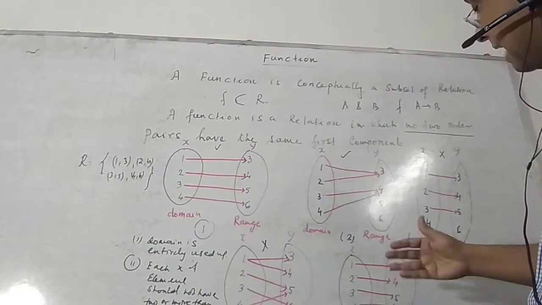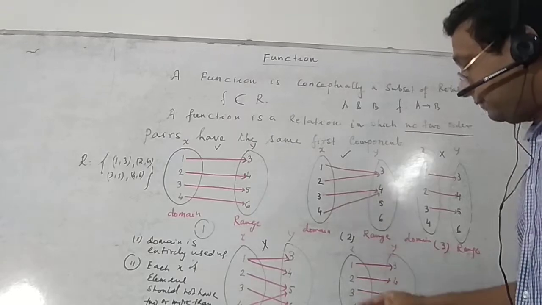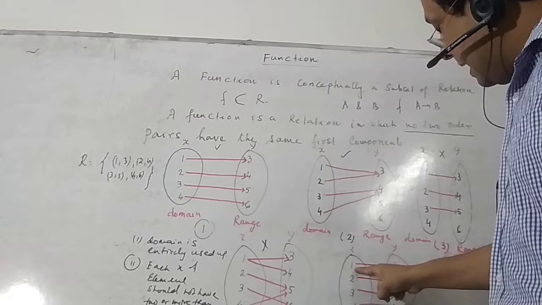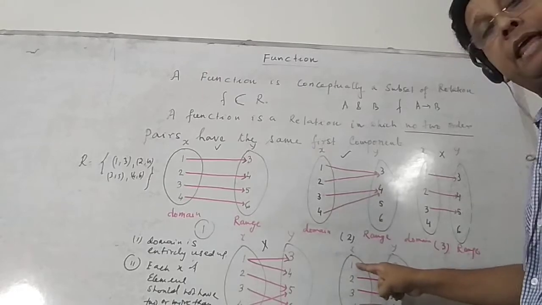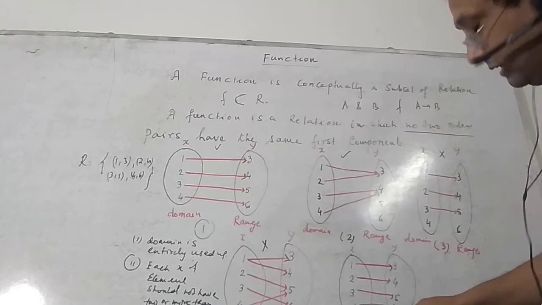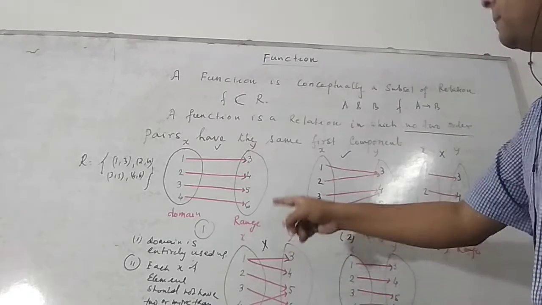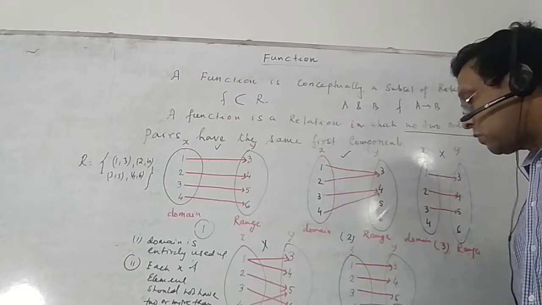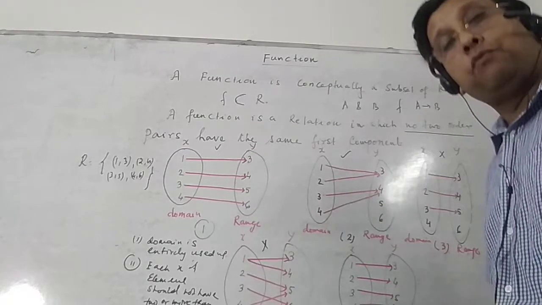Here you see another concept. Here each and every element of the domain is used up, and each and every X has a corresponding image. But you just see this 7 is not used up, unlike the previous one. But this is a function. This we'll say is an into function.